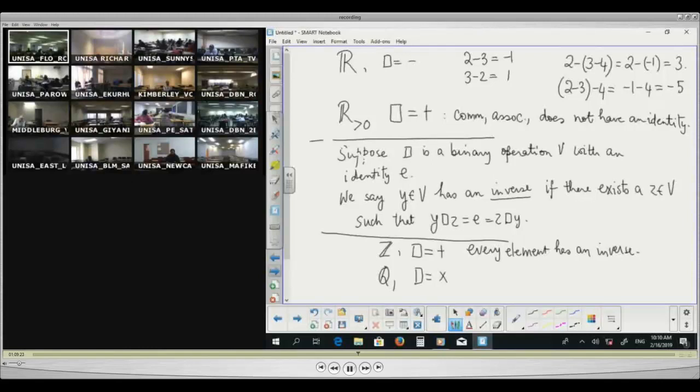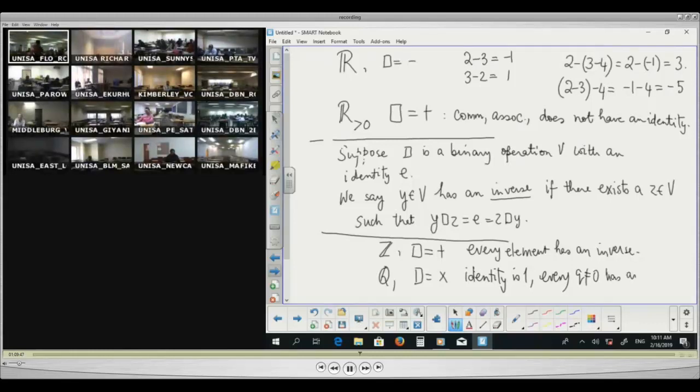And every non-zero rational has an inverse. The moment you take 0, there is no inverse. So only the non-zeros have.